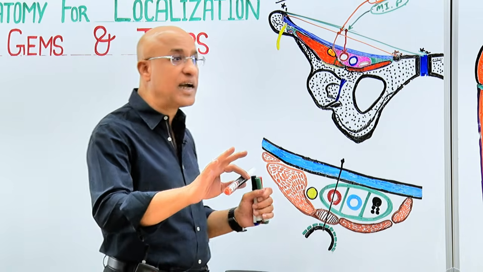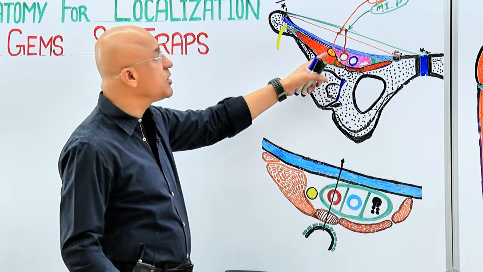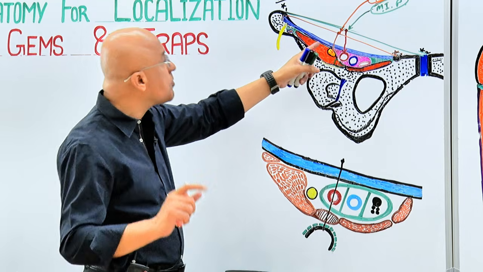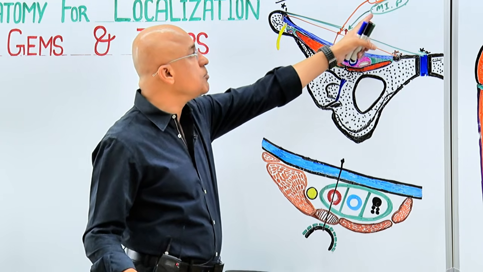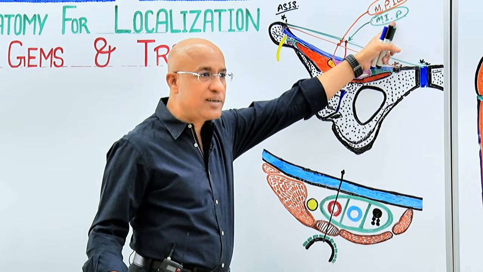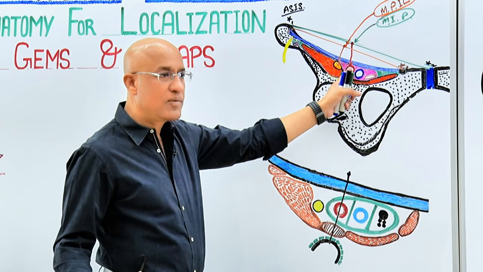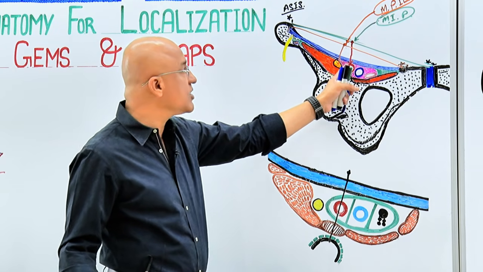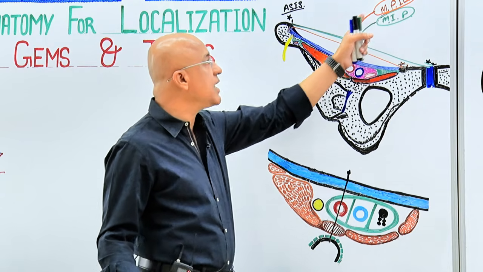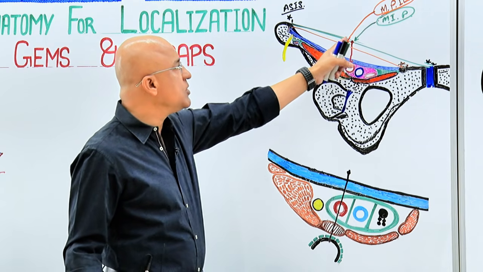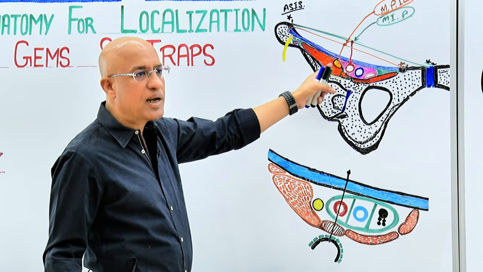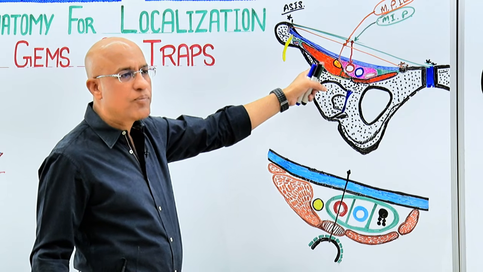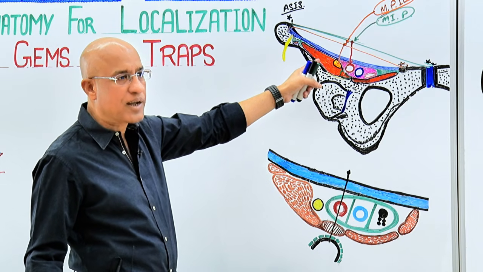We will not discuss that in detail, but I wanted to print on your mind the importance of the difference between the mid-inguinal point, which is for femoral artery localization, and the midpoint of the inguinal ligament, just below which the femoral artery enters the upper thigh or femoral triangle.